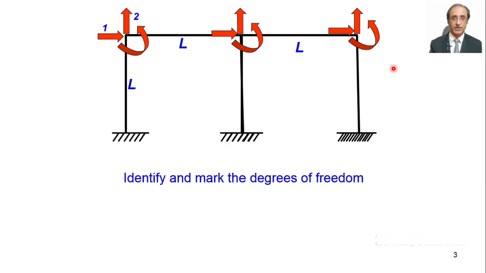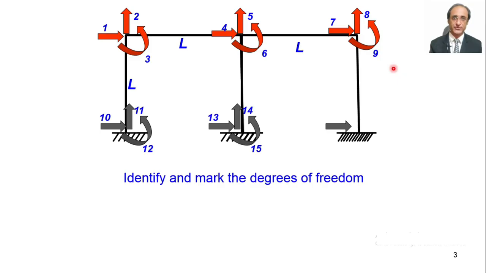We number the degrees of freedom there, and after having done that, we come to the supports where we identify and label the degrees of freedom associated with reactions. So here these are shown in black color. Now after this, we have to consider the case of the temperature effect in some easy way. So let's study that.